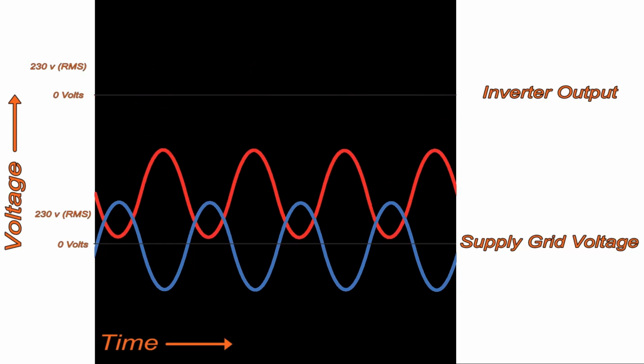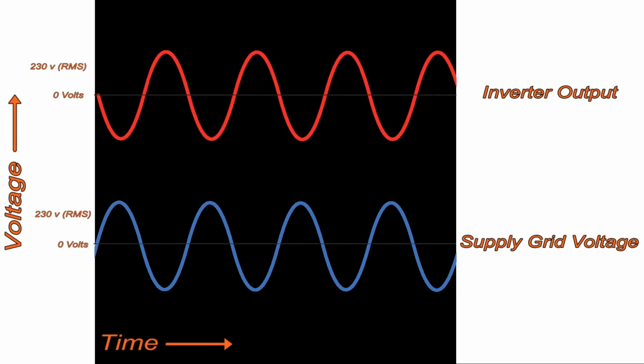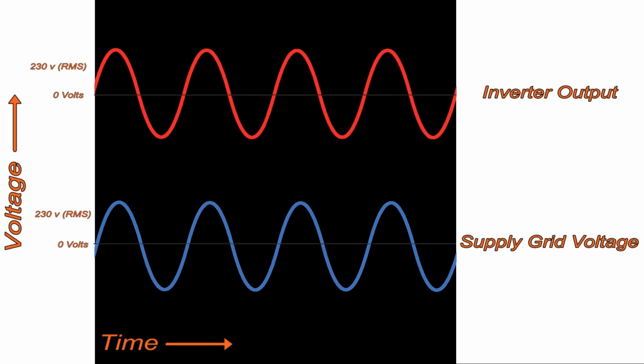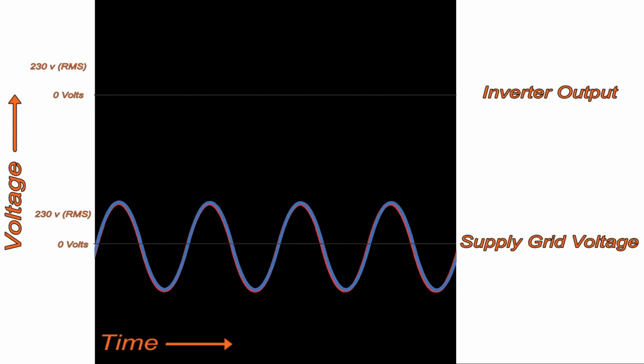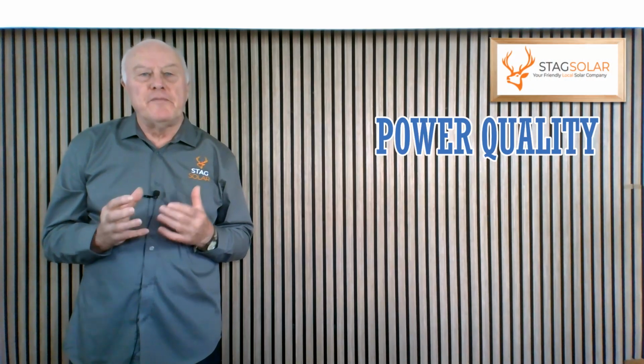If it tried to connect to the incoming supply while both sources of power are not aligned with each other, a huge fault current would result, and this would be, first of all, very dangerous, and then potentially it could cause a lot of damage. So the inverter lines its output up with the input from the grid, and a connection can now be successfully established. The inverter is also responsible for power quality.